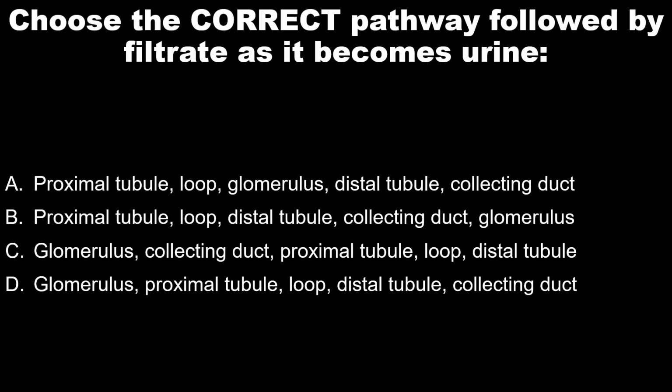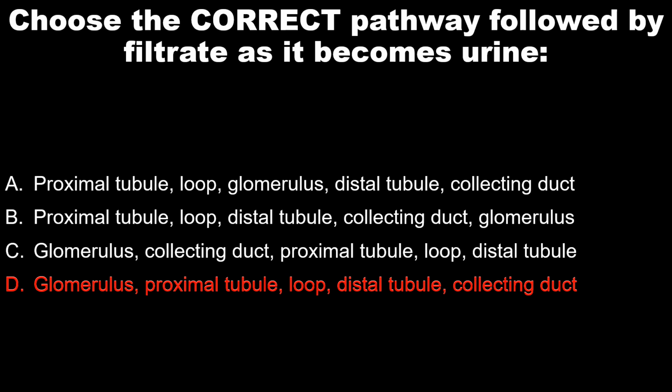Now, if we look at this, which of these is the correct pathway of fluid filtrate as it becomes urine? It starts at the glomerulus, and then that filtrate gets secreted out into the surrounding glomerular capsule, right?